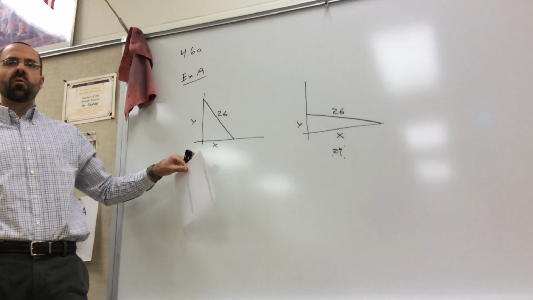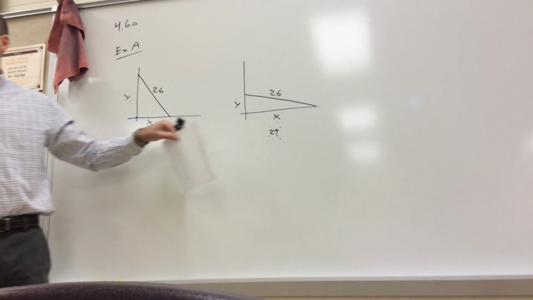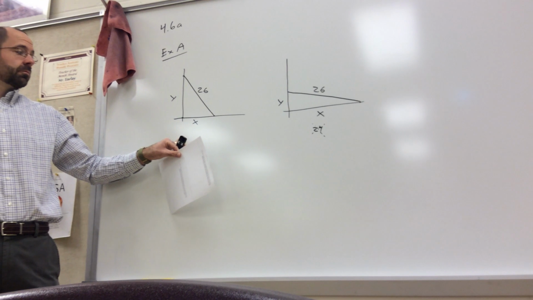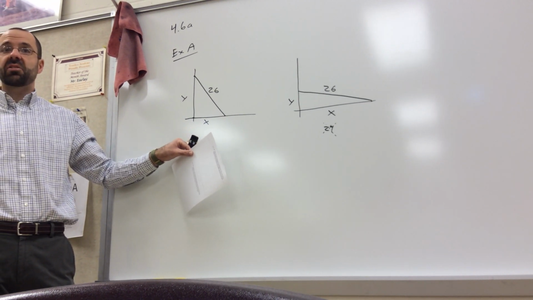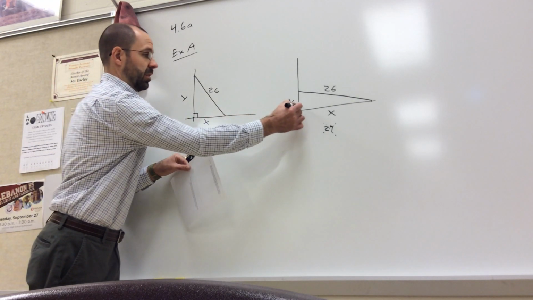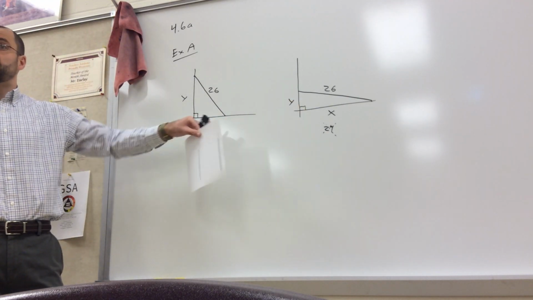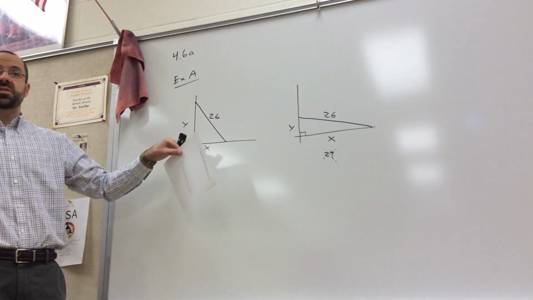Okay, so is there a formula that applies to both of these pictures? Yeah, the Pythagorean Theorem, right? There's a 90-degree angle here. So that means in both of these pictures, x squared plus y squared is going to equal 26 squared.